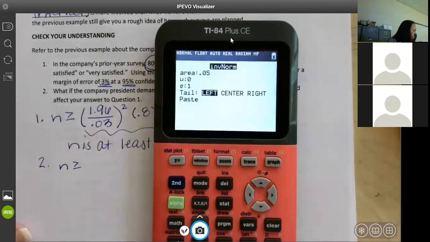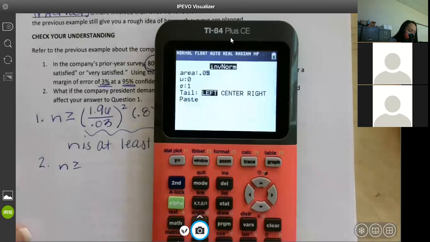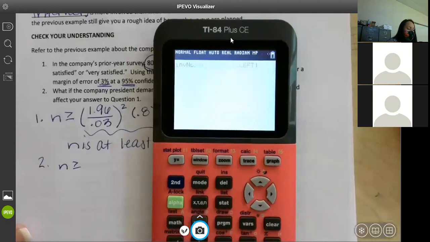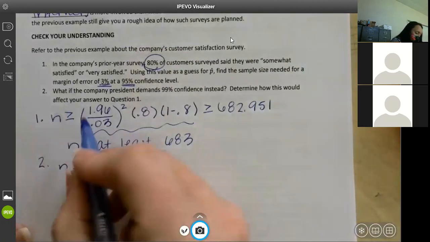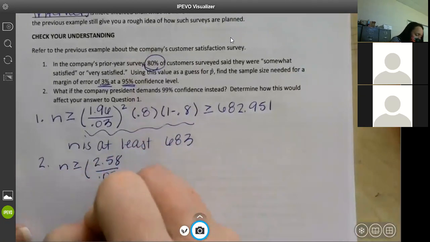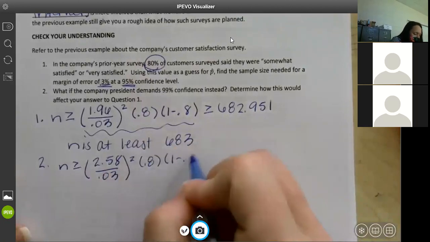Our area is going to be what? 0.005. And remember, we're just going to use the positive. So 2.58. Everybody okay with that? Rounding to 2 decimal places. 2.58 over 0.03 squared. The proportion does not change. Only the Z star changed.